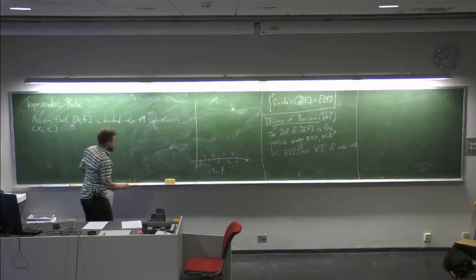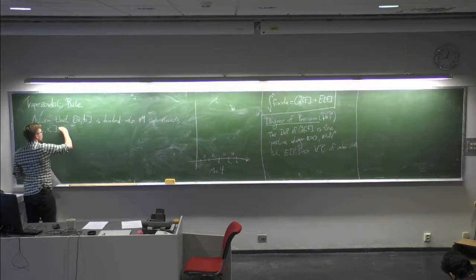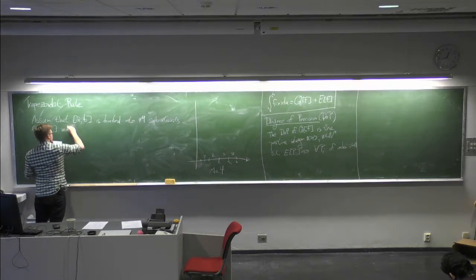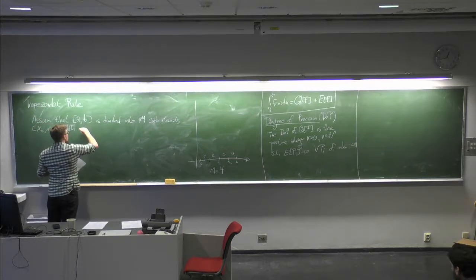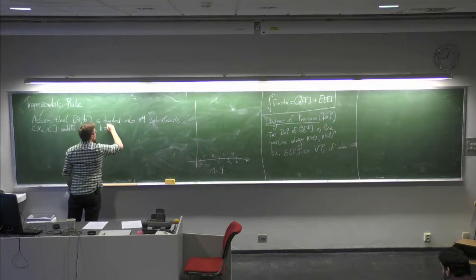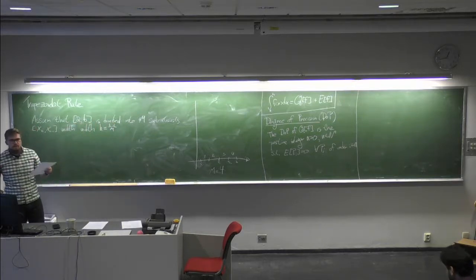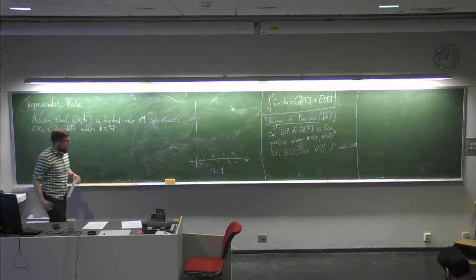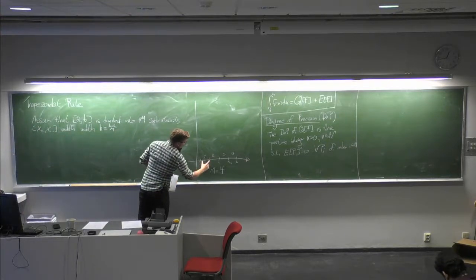Also, we have the width h equals b minus a divided by m, meaning that the points are equidistant, the intervals are of equal length.